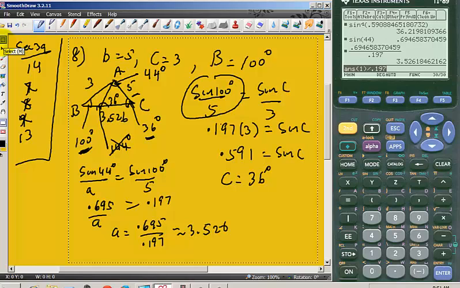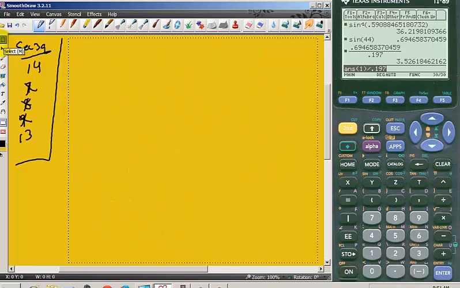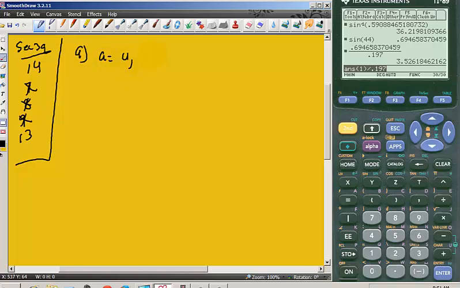Alright, let's go to number 9. You have A is equal to 4, B is equal to 5, and angle A is equal to 60 degrees. Again, I want to set it up like this.